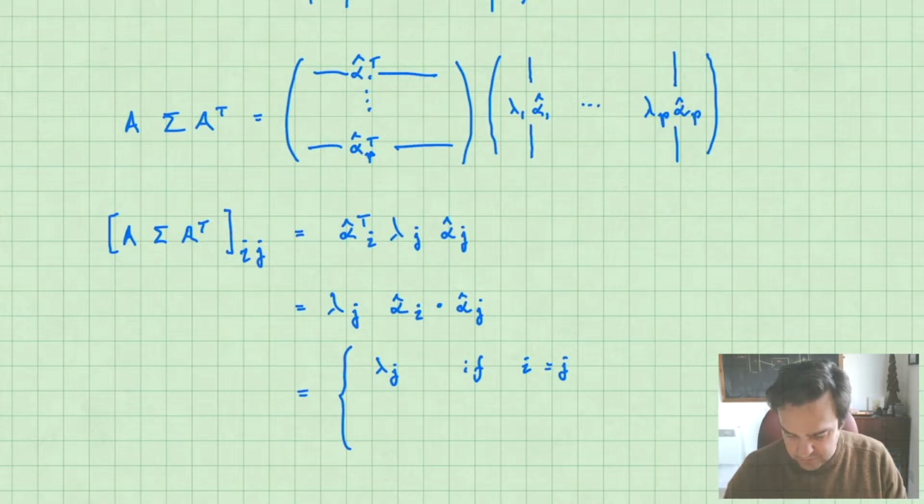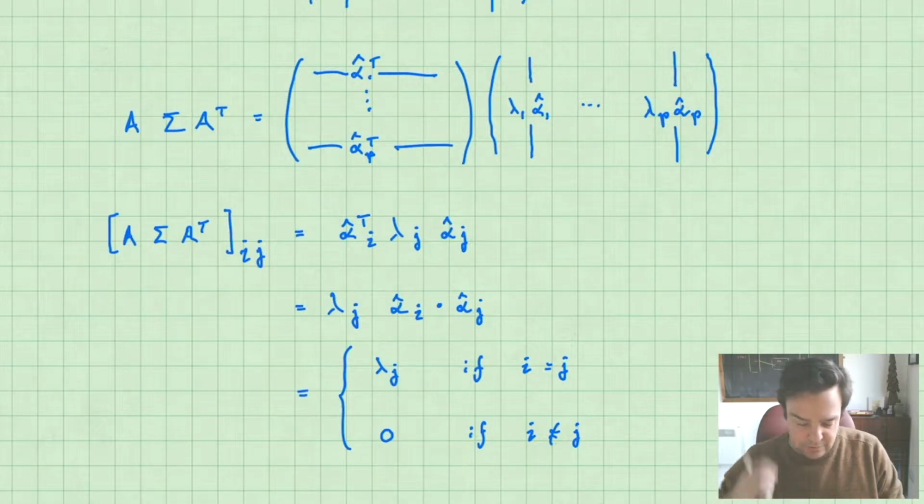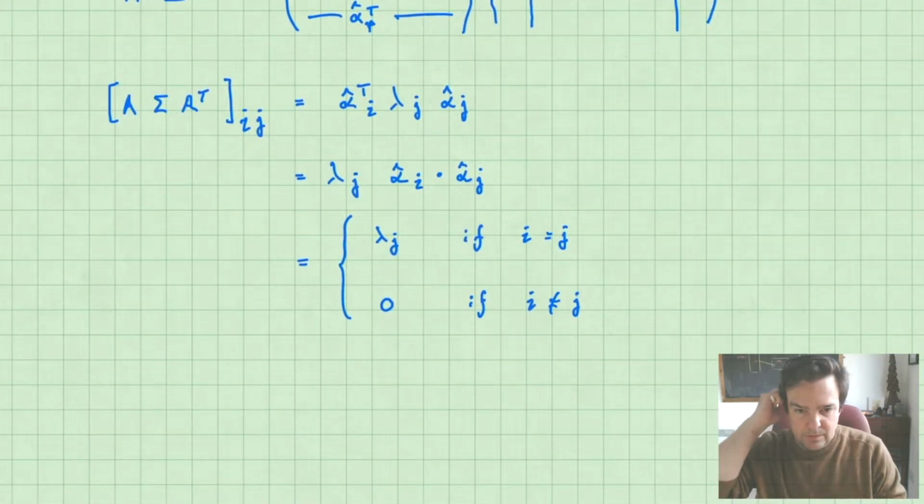That means we're looking at one of the diagonal elements of this matrix. But if you're off diagonal, which means you're looking at covariances between two different columns, it's 0, because i is not equal to j, and you would be taking a dot product of two different orthogonal eigenvectors.